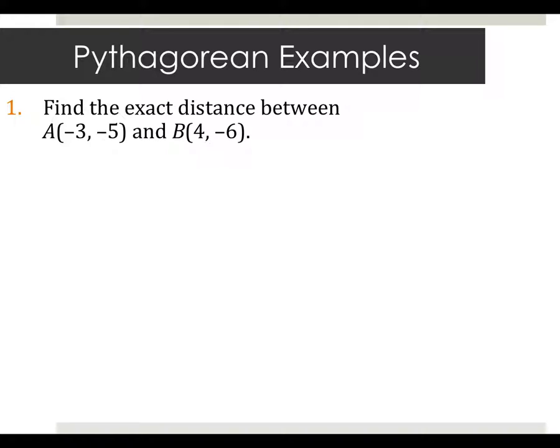All right, so we'll start with that guy. Find the exact distance. So I'm going to talk about exact distance and approximate distance. Exact distance should have a square root in it or be a nice, pretty whole number. Approximate distance, which we'll get to in number 2, will be the decimal value you'll punch into your calculator.